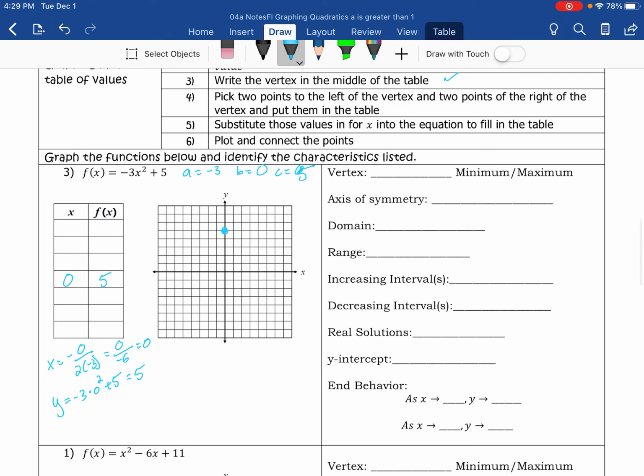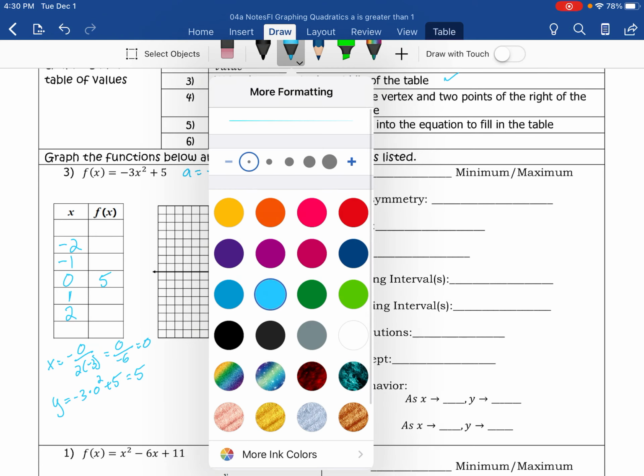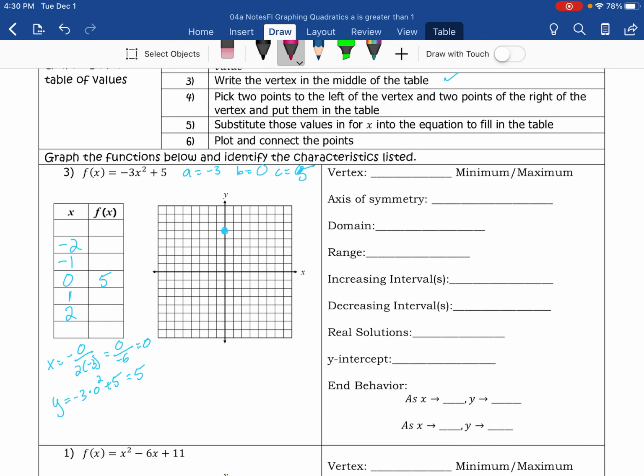Now let me find at least 2 other points to give me my shape. I'm going to pick 2 x values to the left, negative 1 and negative 2, and then positive 1 and positive 2. To find the y values, I plug them into the original problem. For negative 1, y is equal to negative 3 times negative 1, in parentheses, squared plus 5. That's negative 3 times 1 plus 5, which is equal to 2.